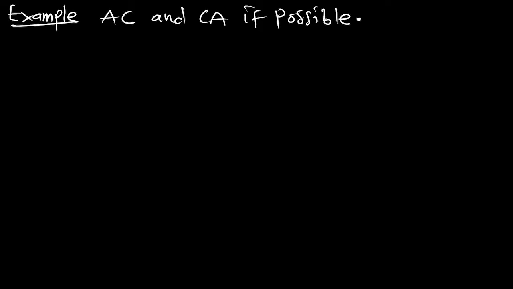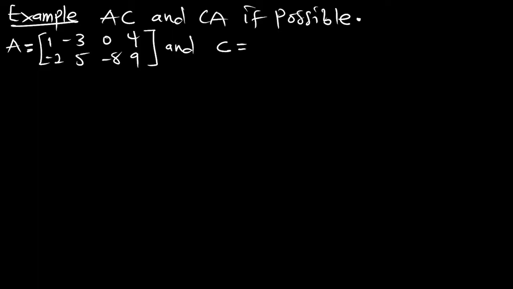So we have matrix A equal to 1, negative 3, 0, 4, and negative 2, 5. And matrix C is giving us 8, negative 3, 2, negative 1, 5, 10, 0, negative 7, and we have 3, 2, negative 4, and 5 for that.